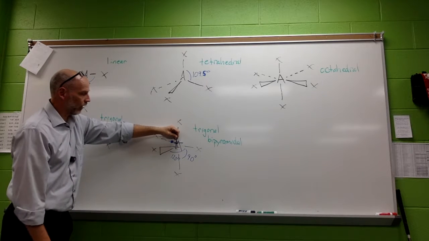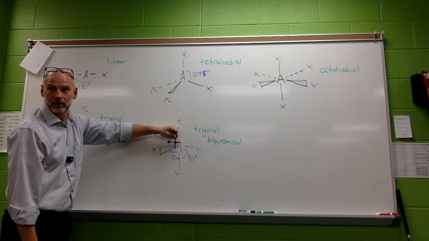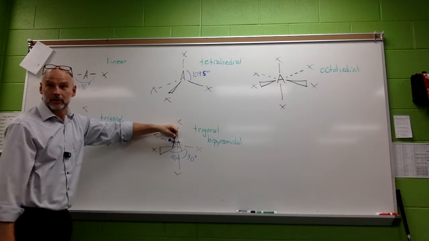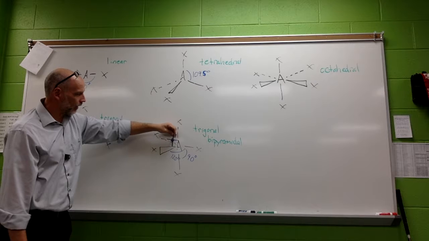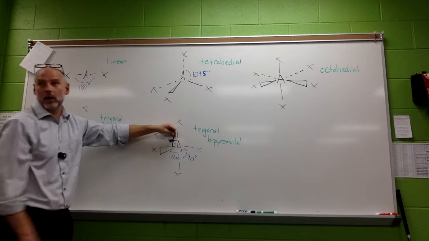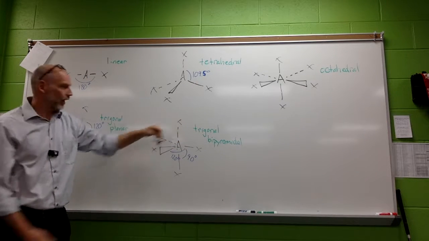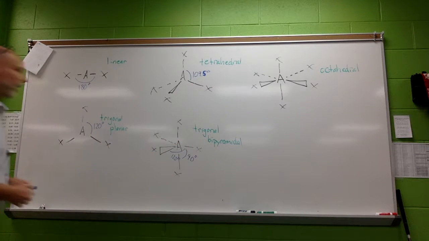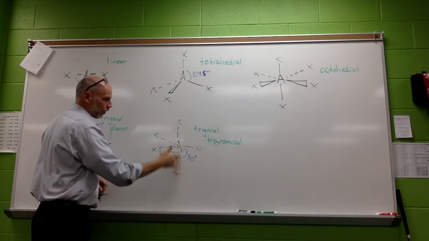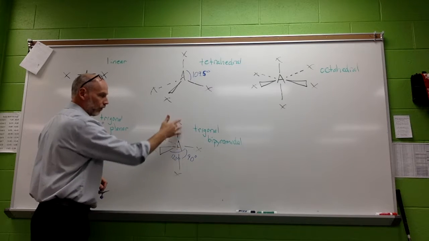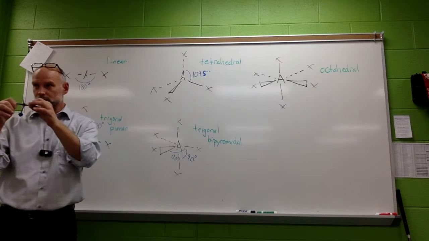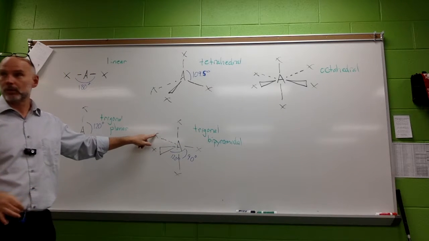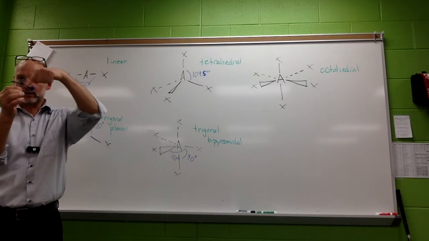If I rotate this over to here, is that still 120? And if I put it back here, is that still 120? Doesn't matter where it is. By the way, let's get this terminology out of the way. These three positions are called the axial positions, like an axle. These three are the equatorial positions, like the equator.